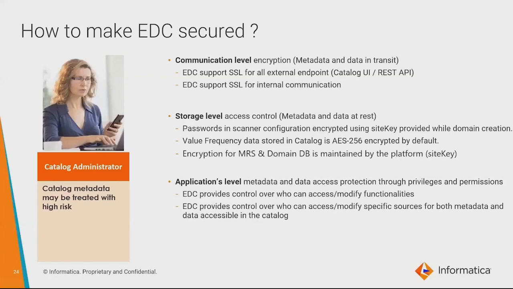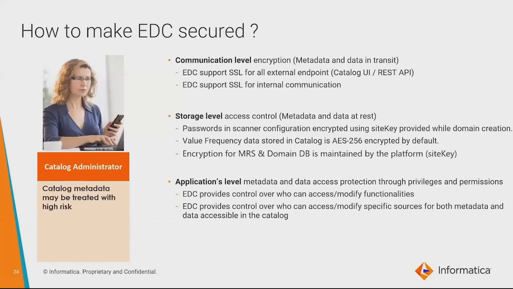The third aspect is application level security. How can we ensure that people get to see only what they are meant to see? It's like putting privileges and permissions, creating reusable roles, so that you can easily onboard users. You don't have to run every user through a series of processes before they can start using the tool.